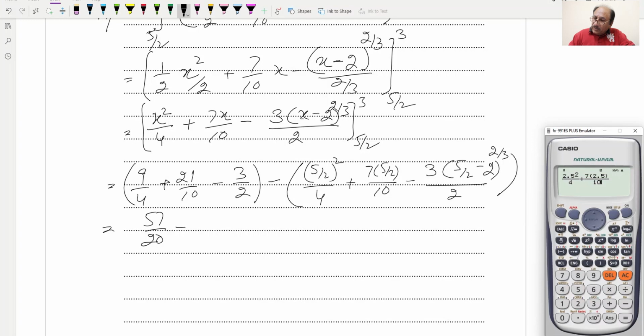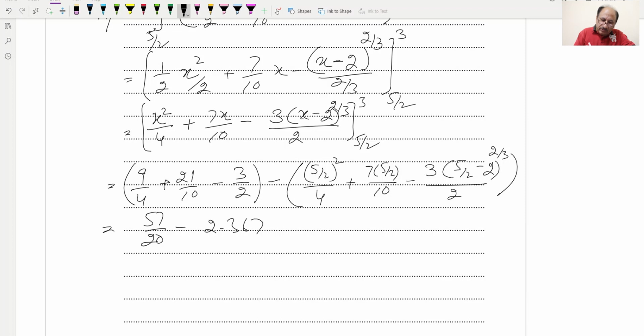And next we have to type carefully because a minor mistake will create a problem. So bracket 2.5 minus 2 and bracket close, and the power will be 2 over 3, and over 2 here, and we will get 2.367 something.